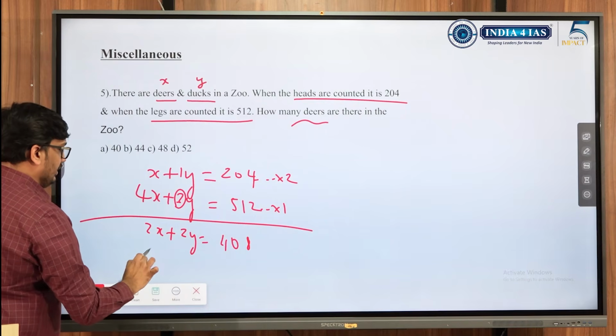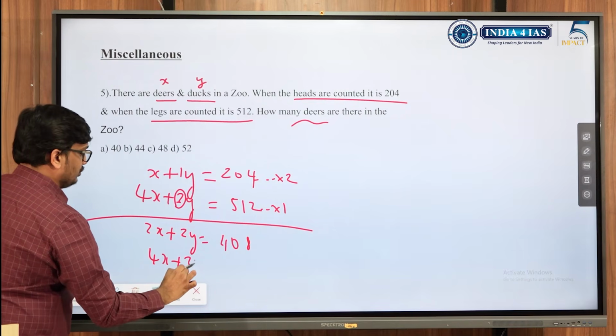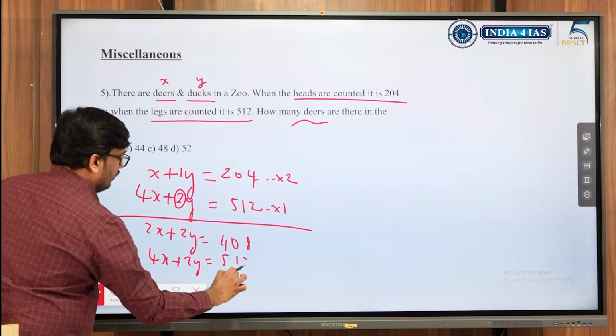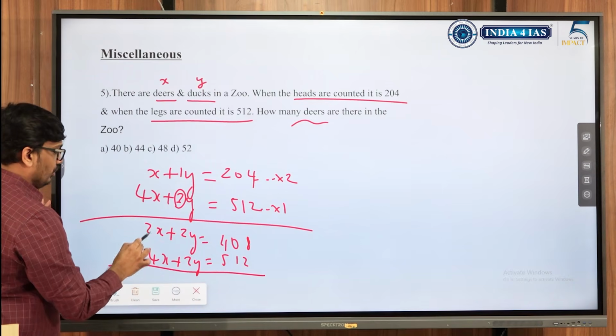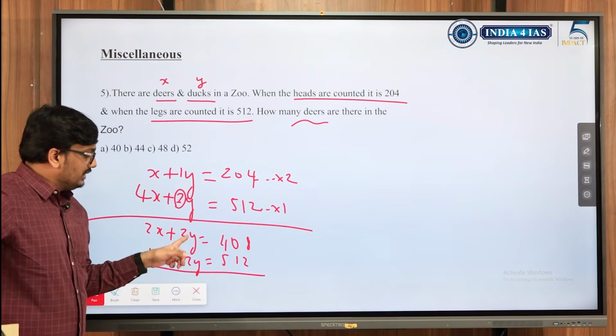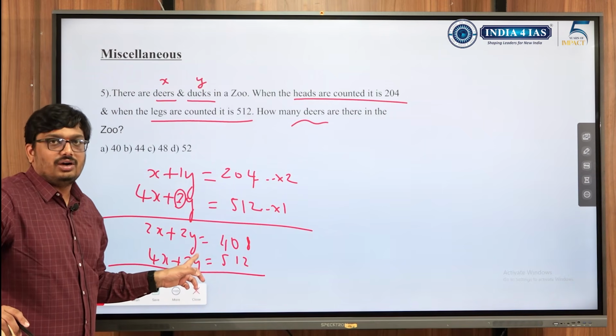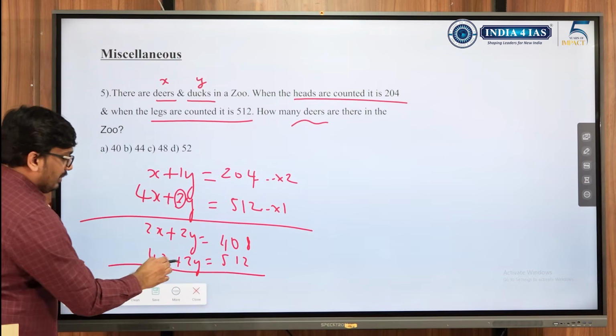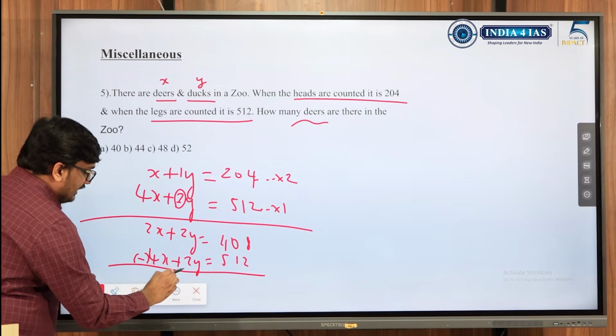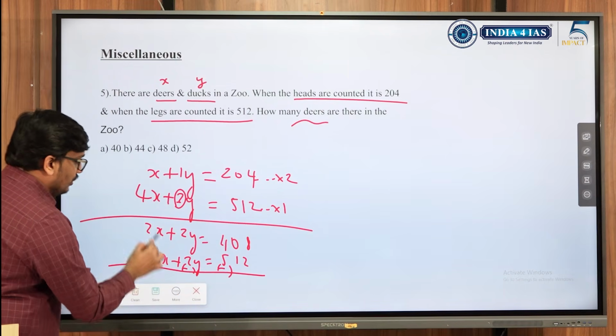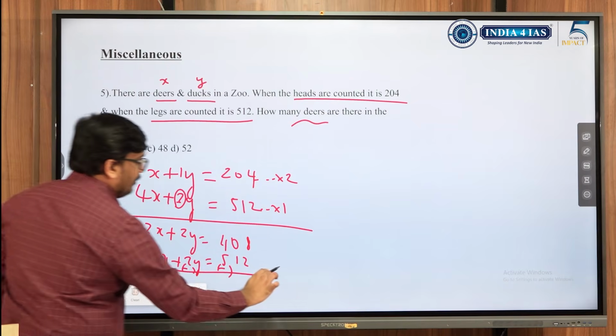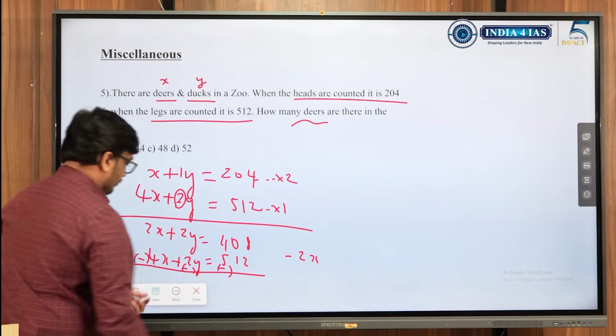As it is, you will write 1 into 4X plus 2Y is equal to 512. If you solve, then this 2Y and this 2Y should get cancelled. How to cancel? It should become minus. So change the sign. If you change the sign, 2X minus 4X, it will be minus 2X.